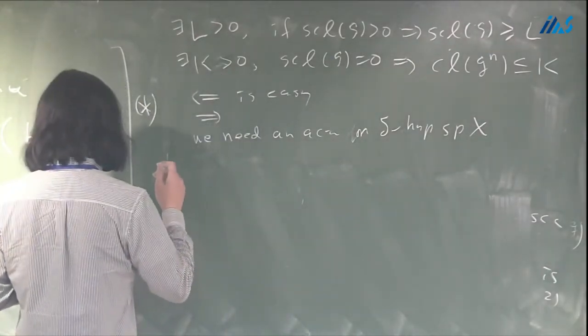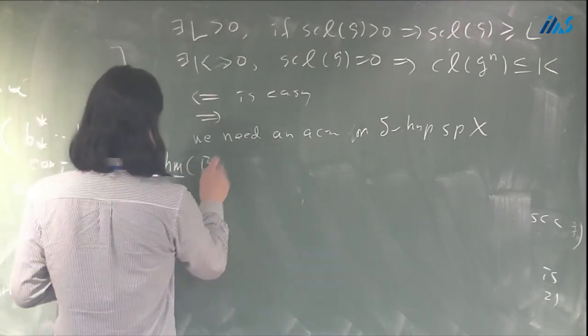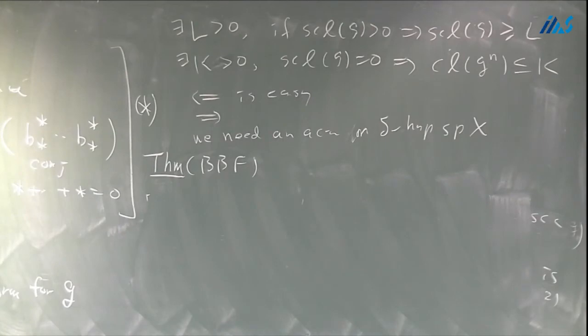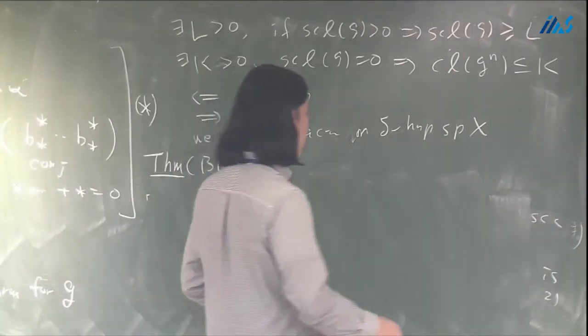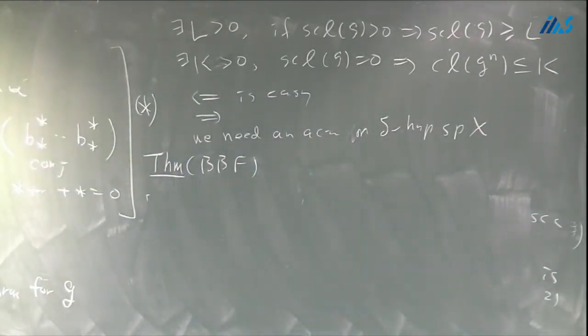So for that one, I state one theorem which is not in another paper before the paper for stable commutator lengths, but we found a way to produce such hyperbolic spaces for a group to act on under certain circumstances.